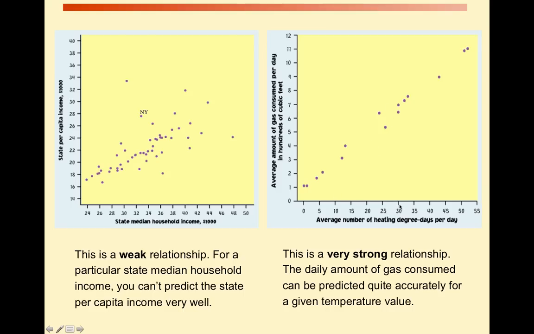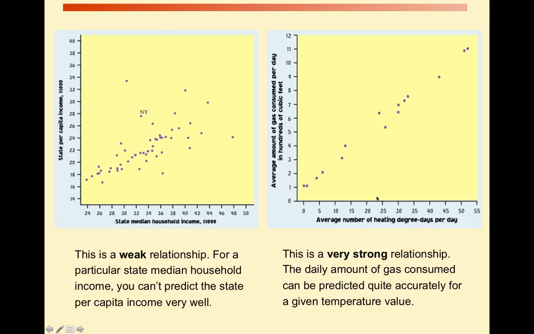And another way to look at it, again, take a small area here, and you can see that the data bounces up and down very little in this small range, whereas here it varies quite a lot. When I have a weak relationship, say between state median household income and the per capita income, a weak relationship means I can't predict the income very well because it varies so much.